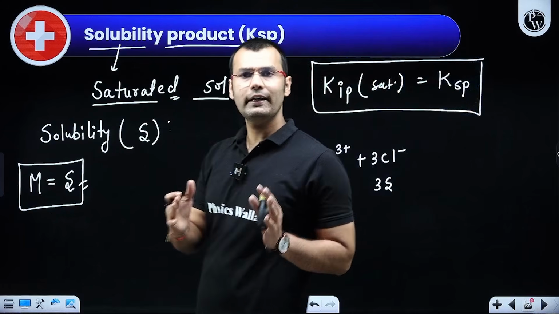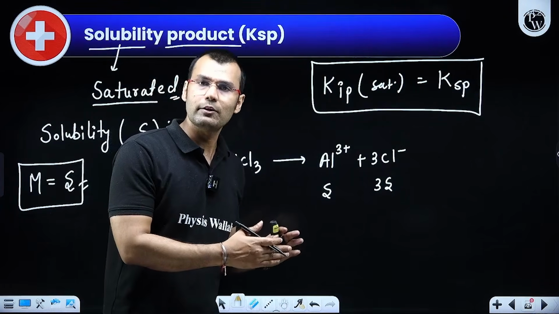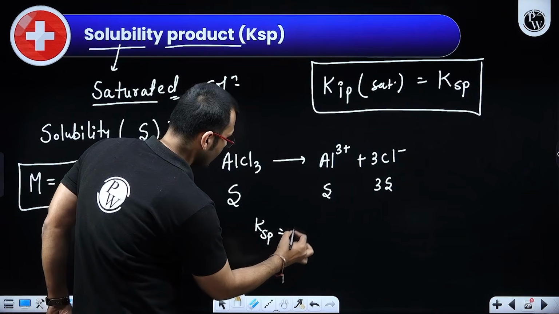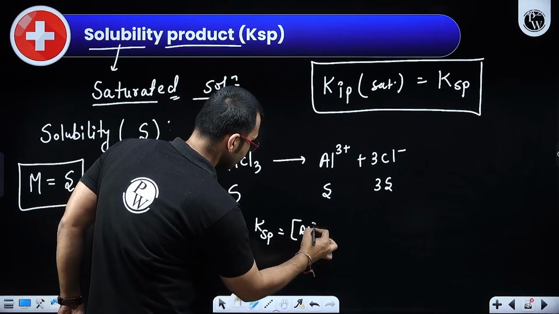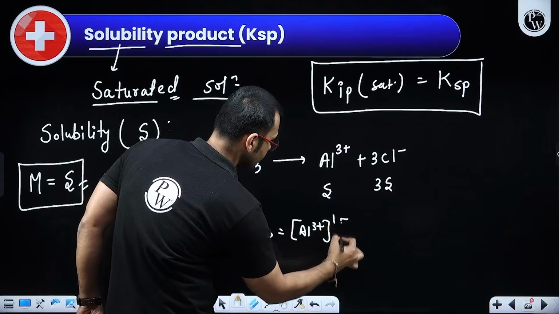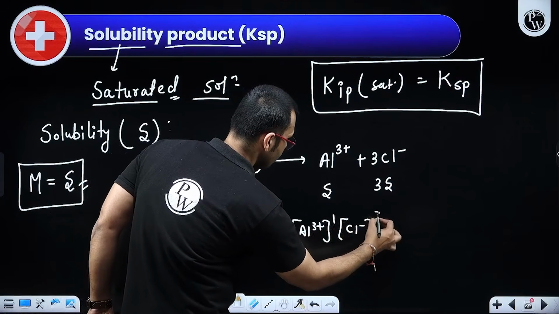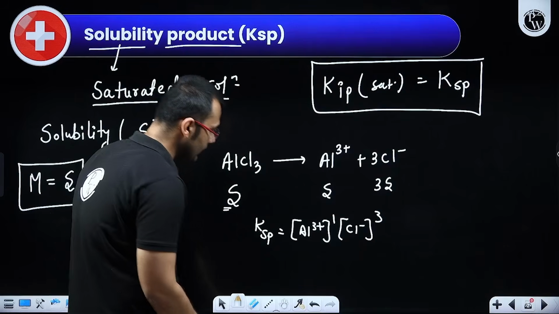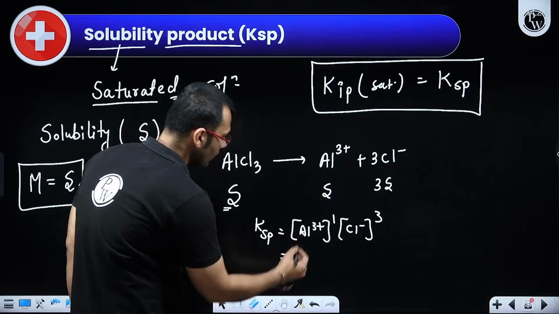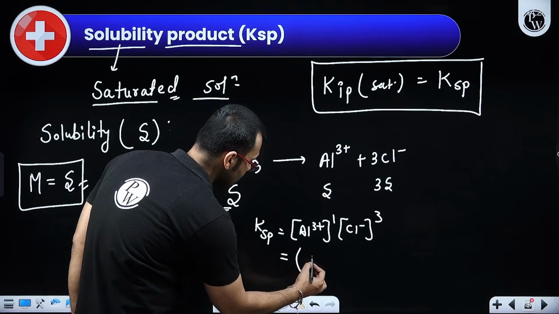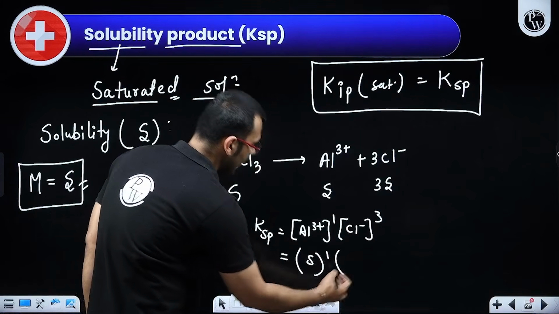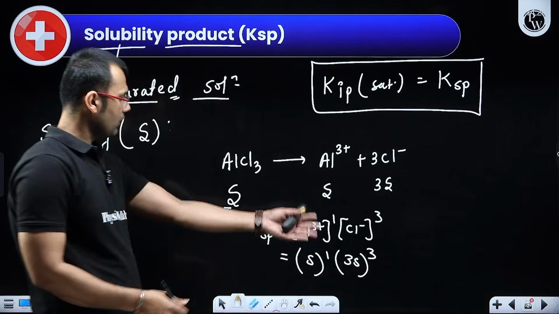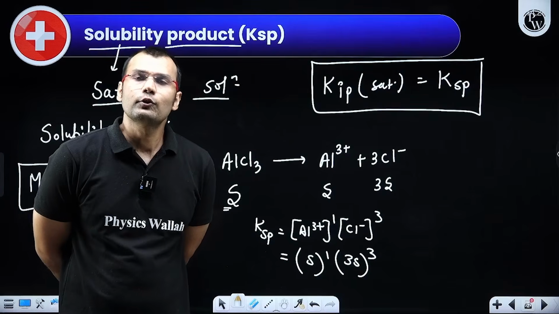Now you know how to get KIP, and in the same way you can find KSP. Here KSP will be the concentration of Al3+ to the power 1 into the concentration of chloride to the power 3. In terms of solubility, Al3+ is S to the power 1 and chloride is 3S, so 3S to the power 3. Later on, you can do the calculation and find the solubility.